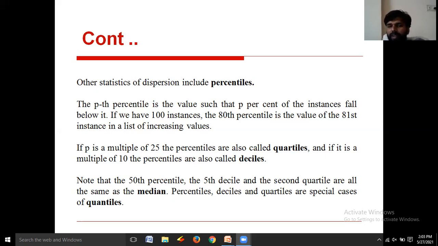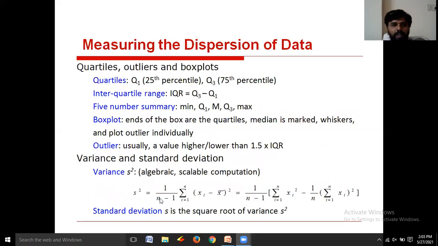Because of that reason, we are calling percentile, decile, quartile the special cases of quantiles.